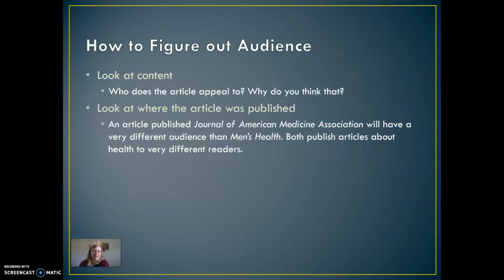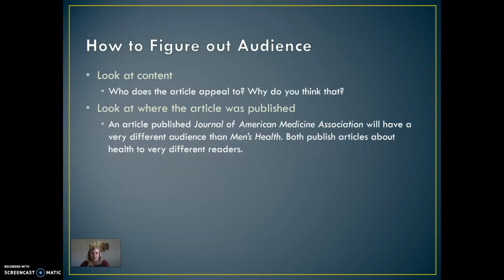She would hate me saying that. But anyway, so who do you think the article appeals to? And then you tell me why. And when you start answering that why question, that's analyzing.